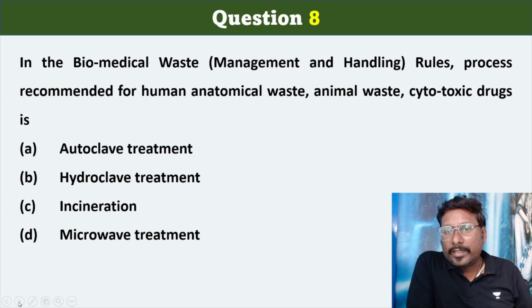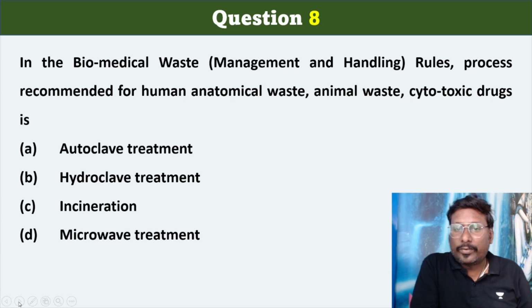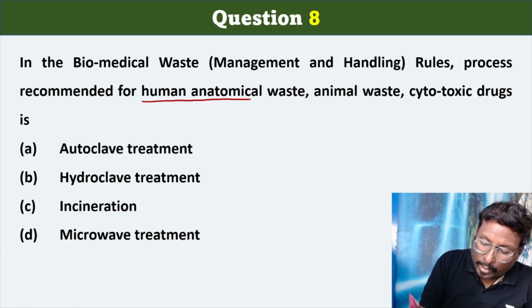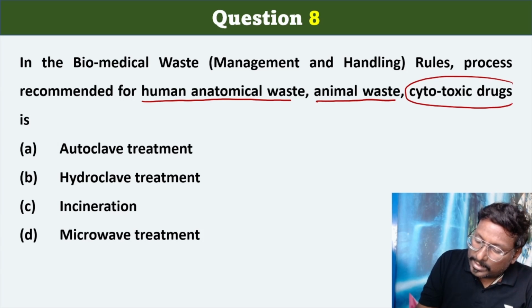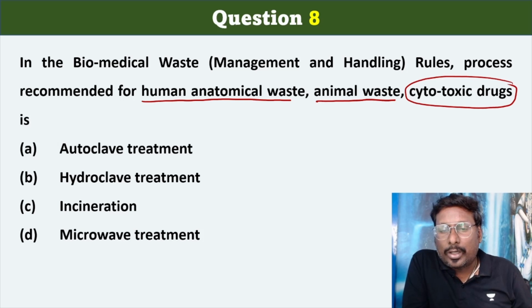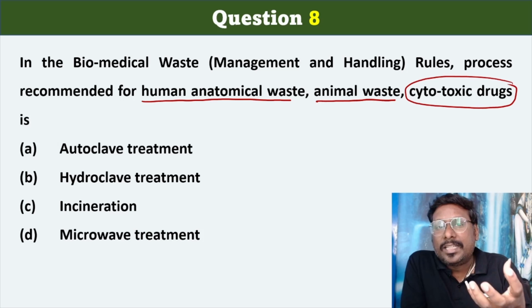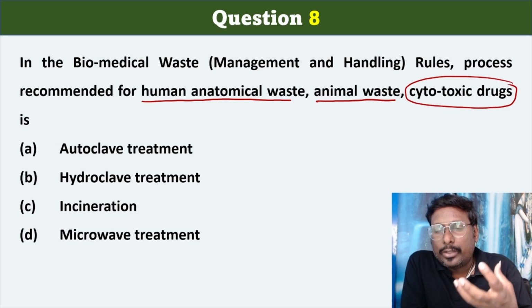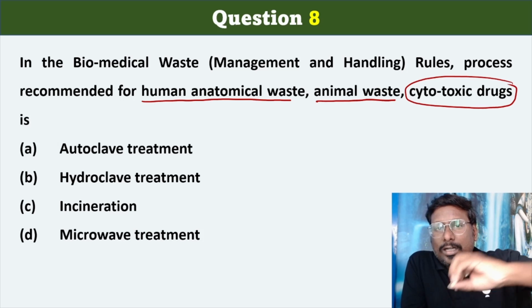In the biomedical waste management and handling rules, the process is recommended for human anatomical waste, animal waste, and cytotoxic drugs. When human tissue is given for anatomical determination, testing, or any surgery happens to the human body, like some bulging due to cancer or some other reason, that tissue will be cut down and thrown.